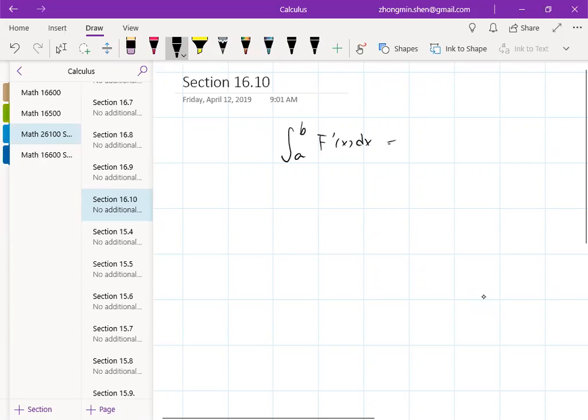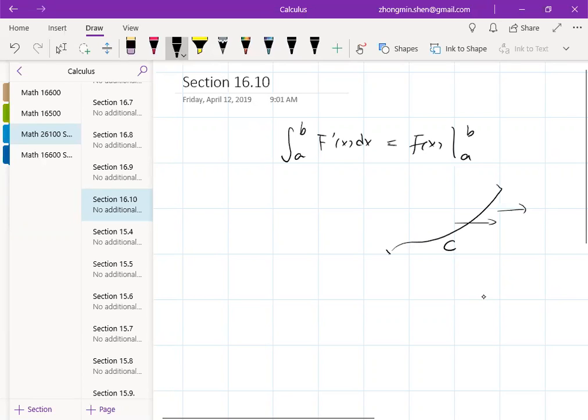This is the difference at the two endpoints. Okay, this is called the fundamental theorem of calculus. And this can be slightly generalized to the line integral. If this is a line integral over C, and they have a vector field along this curve, but that vector field is a special vector field, called the gradient of some function.